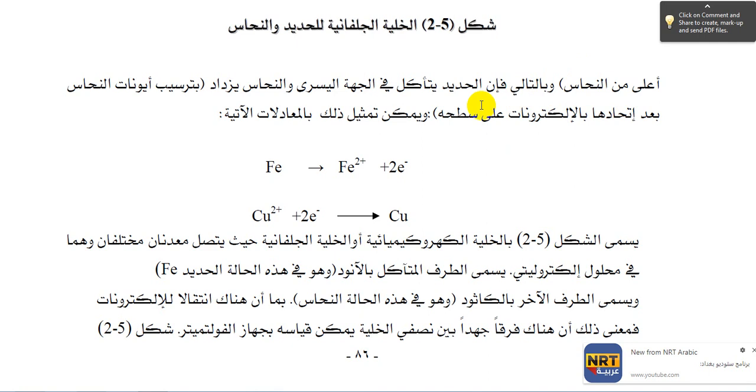Consequently, the iron will be corroded at the left-hand side, and the Cu will increase as a result of the electrical current flow carrying the electrons from the metallic surface of the iron into the Cu, so that the Cu is increased by precipitating Cu ions after combining with the electrons at the surface.